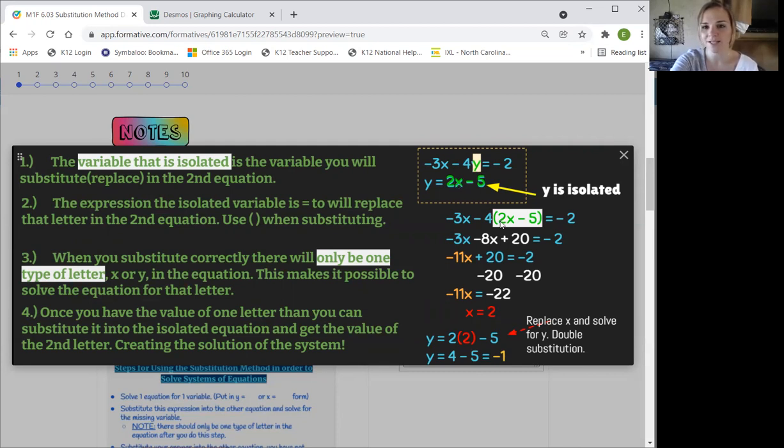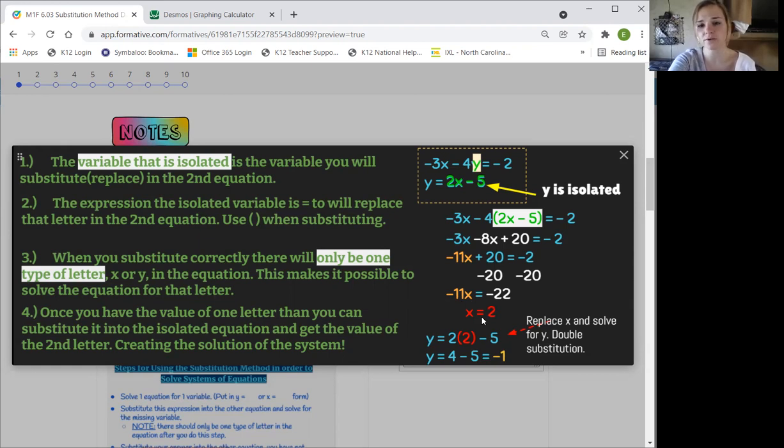What that looks like is, you can see this green here, and you put it in parentheses. Just like when we put those numbers in parentheses, you're going to do the same exact thing, except it's an expression. And we're going to simplify just like we distributed and solved on Wednesday. So you're going to distribute that -4 and continue to solve until you can find your x value.